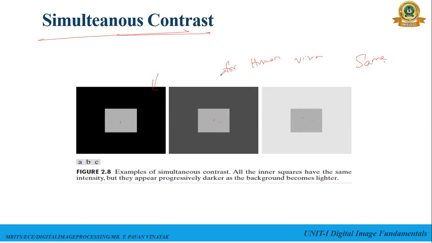Based on the background region, the foreground image intensities vary. They appear progressively darker as the background becomes lighter. But actually all the inner squares have the same intensity. This effect is called simultaneous contrast.